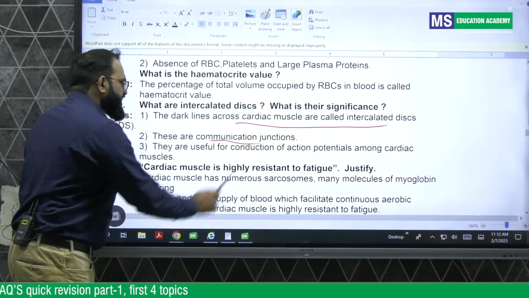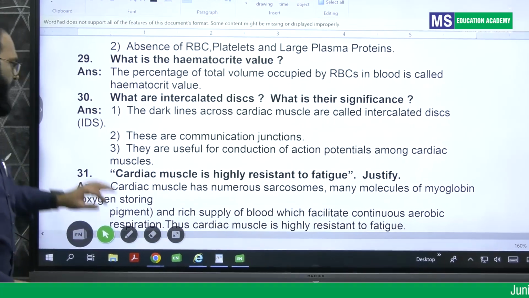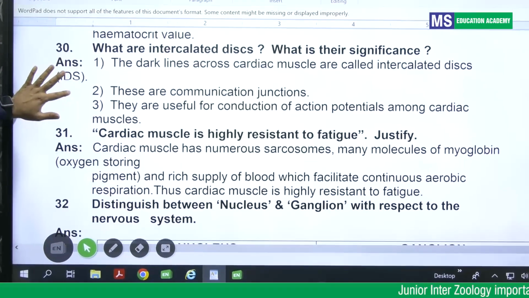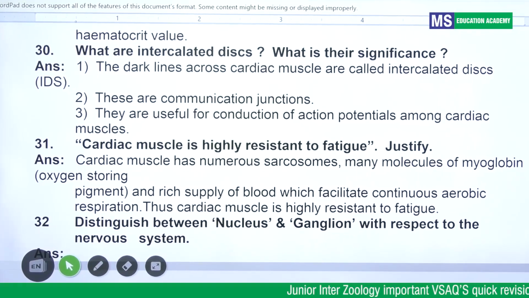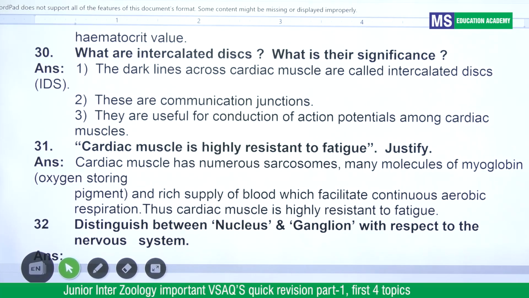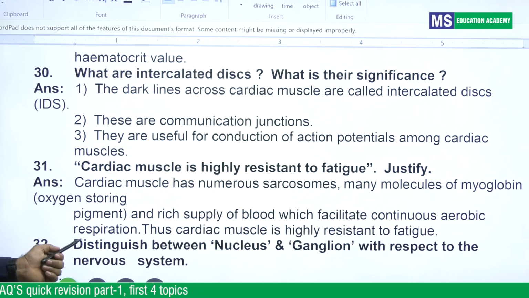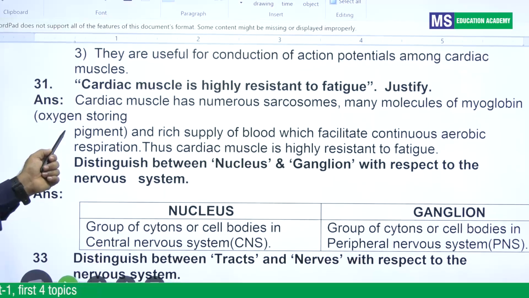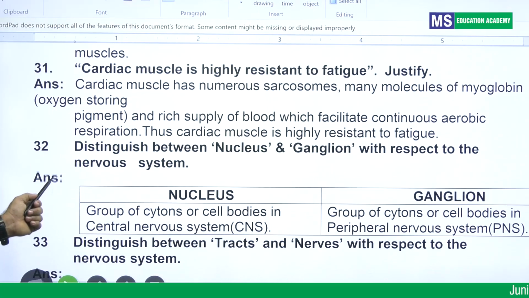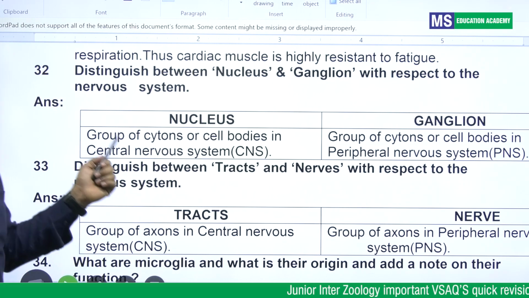These are communication junctions. Cardiac muscle is highly resistant to fatigue. Please go through this also, students. And even this question was asked previously.